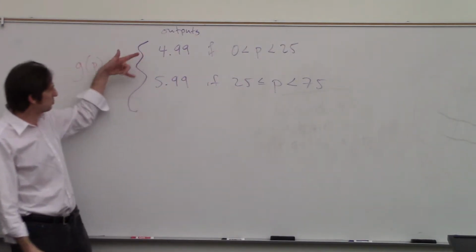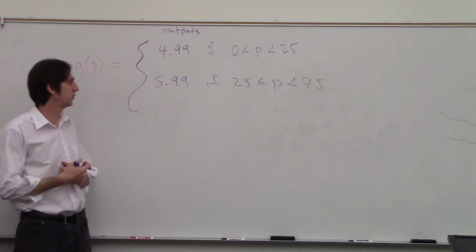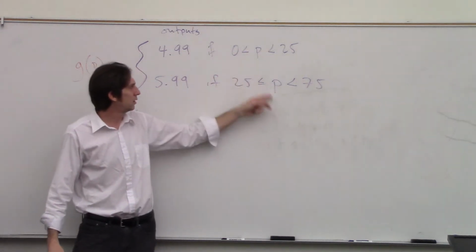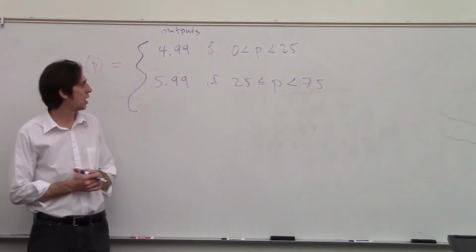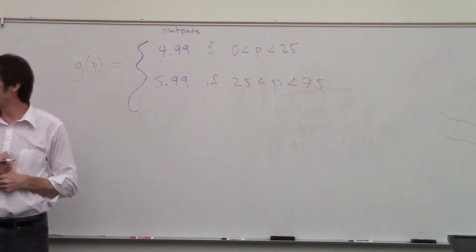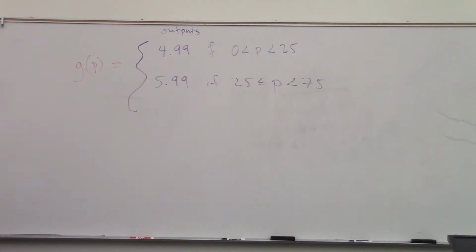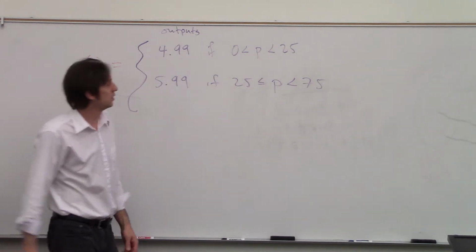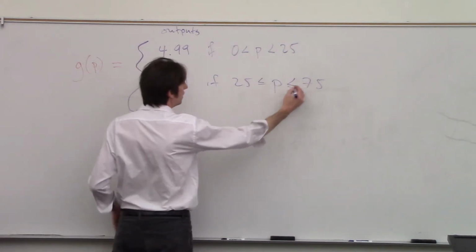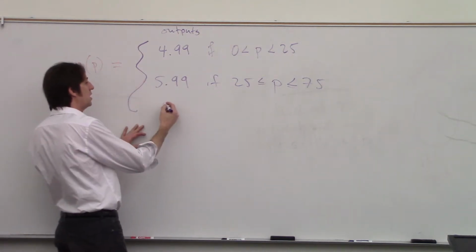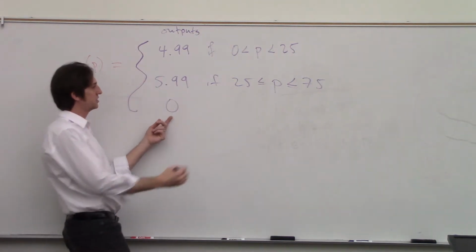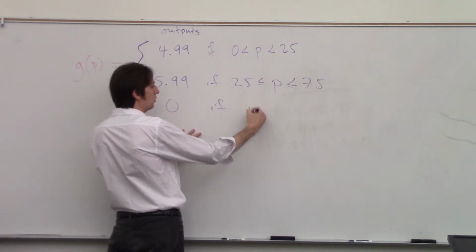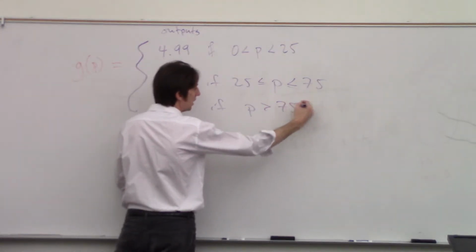And so here are two different pieces, two different outputs for this function, depending on what the order amount is. And then lastly, we're told that this internet retailer offers free shipping for an order over $75. And so the shipping cost is 0 if my order total is more than $75.